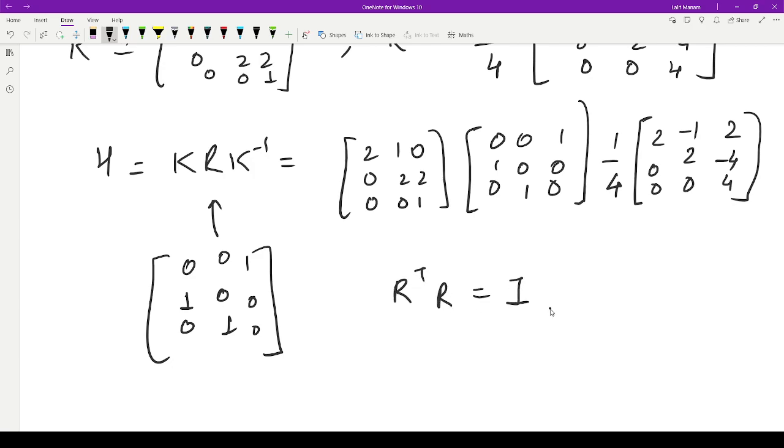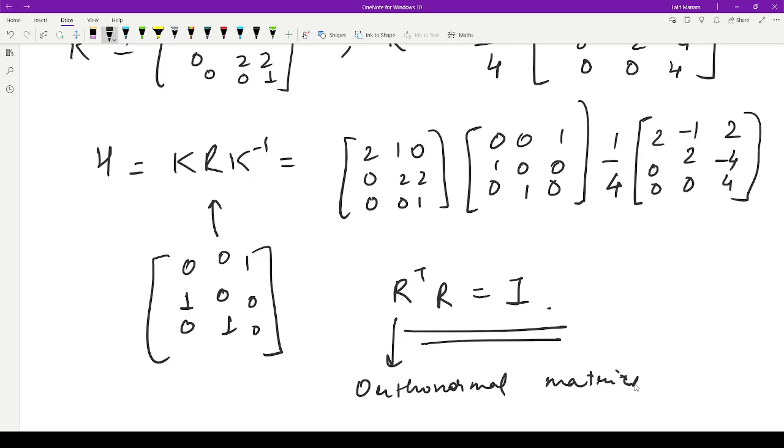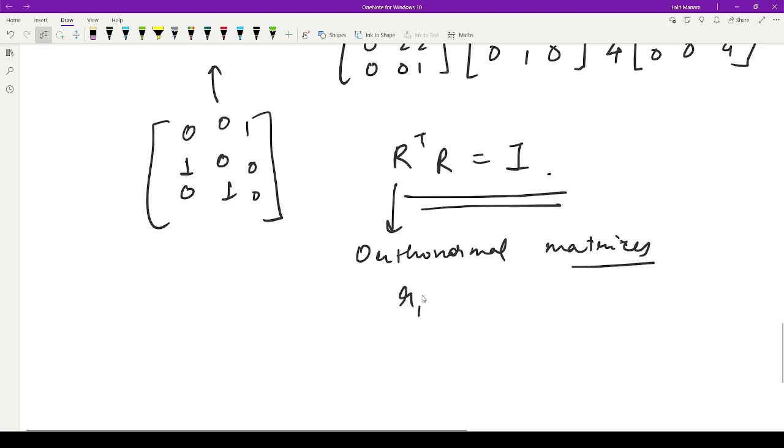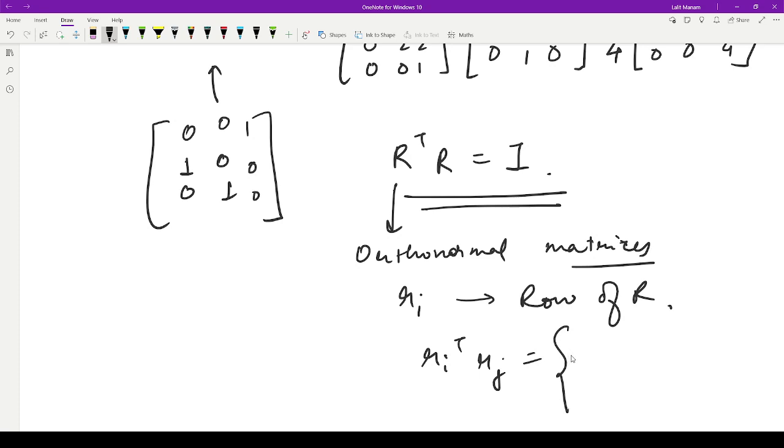Have you read about this property anywhere? Rotation matrices are orthonormal matrices. What does orthonormality mean? If Ri is a row of R, then Ri transpose Rj is 1 if i equals j, and 0 if i not equals j.